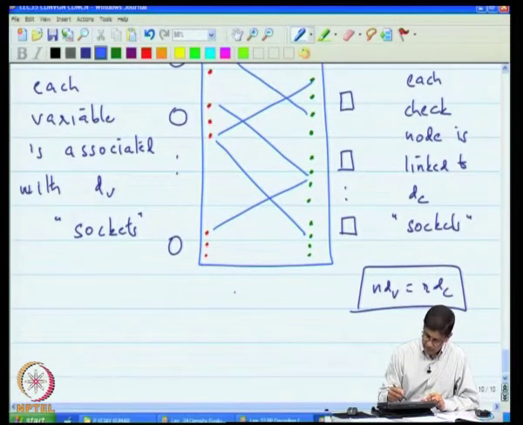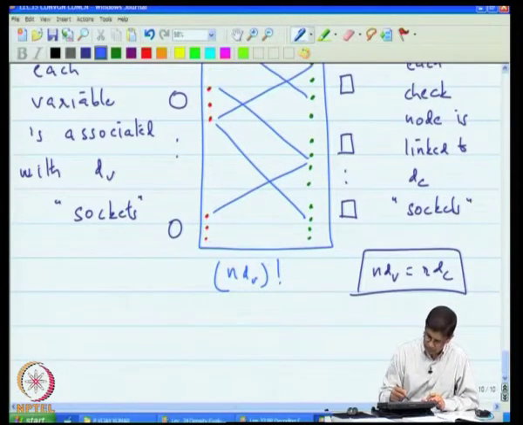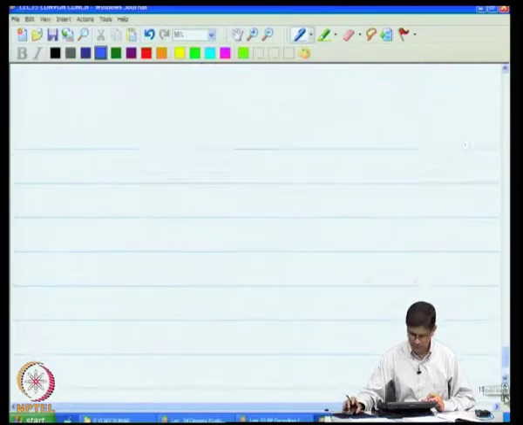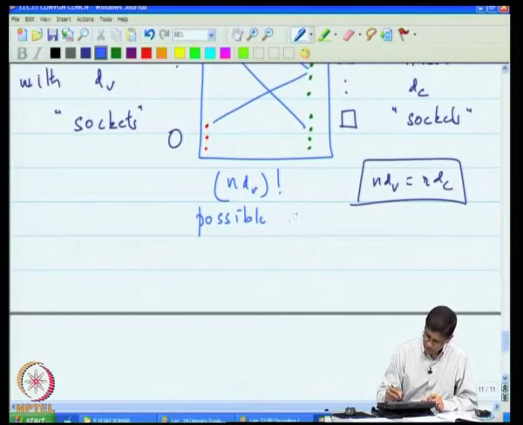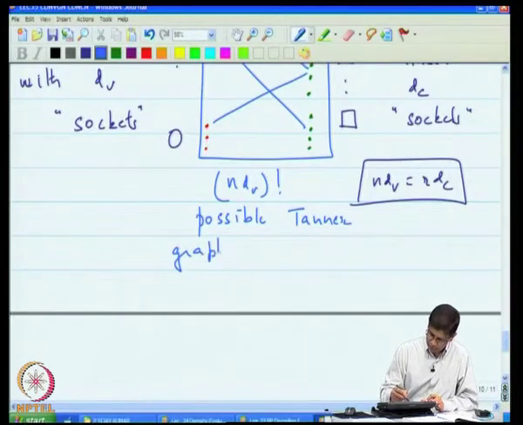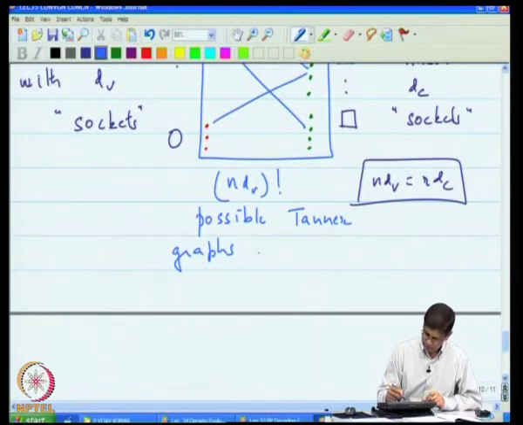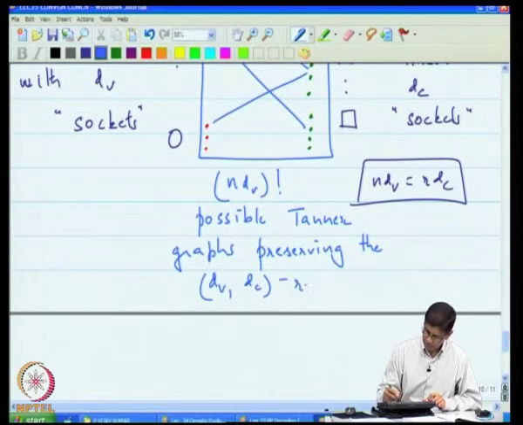So, there are n dV factorial possible Tanner graphs preserving the dV dC regular property.